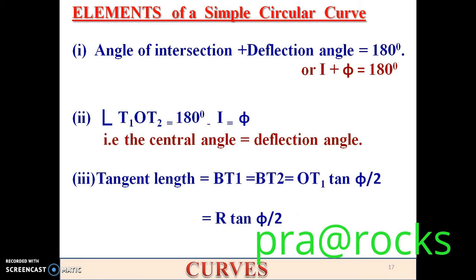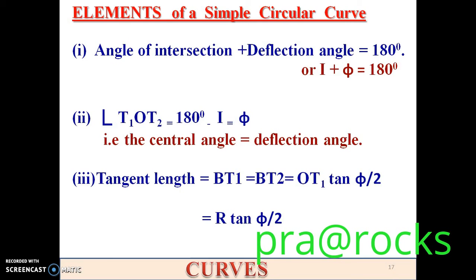Now coming to the elements of the simple circular curve. The angle of intersection plus the deflection angle is a straight line, so it forms 180. Also, angle T1OT2 equals 180 minus I, which equals phi.